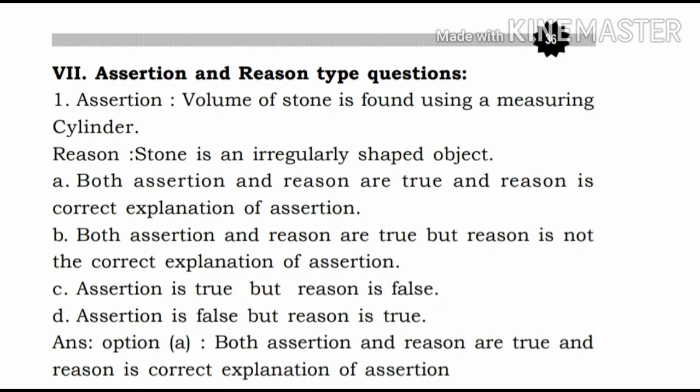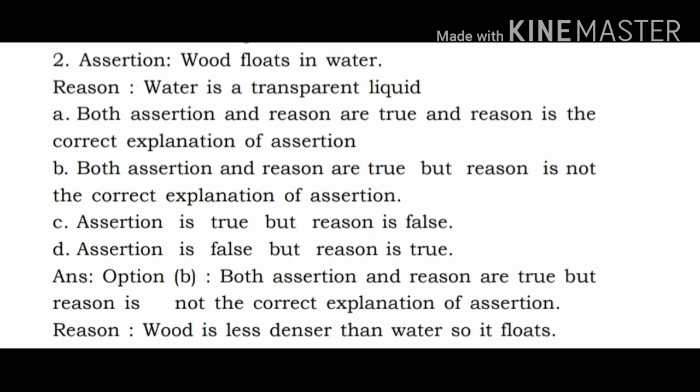explanation of assertion. Then the second one, assertion: wood floats in water. Reason: water is a transparent liquid. Here the answer given is, both assertion and reason are true, but reason is not the correct explanation of assertion.